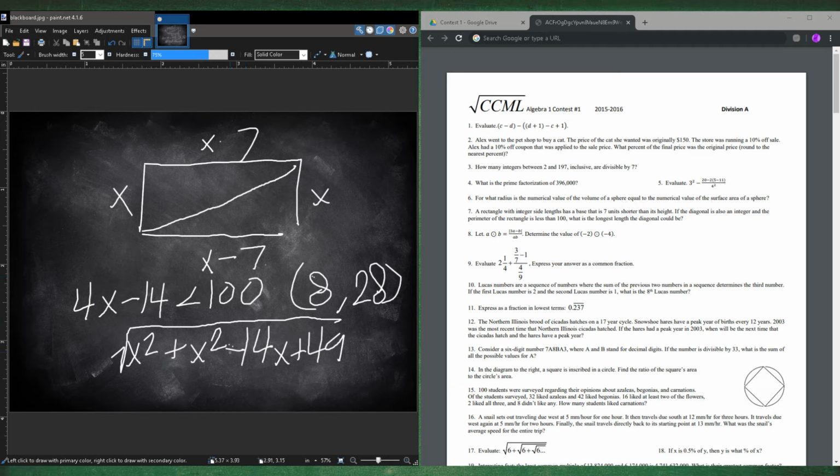Using your calculator, you can just make a table and start plugging in points from 8 to 28. Let's say this is x, and I'll say square root of 2x squared minus 14x plus 49. Then you just plug in all those values.